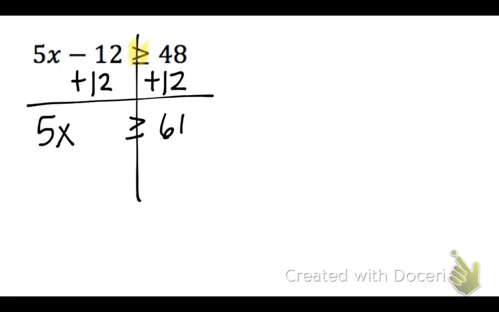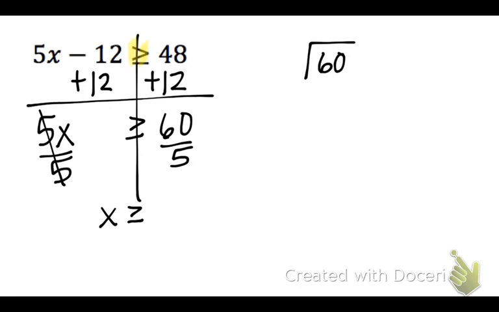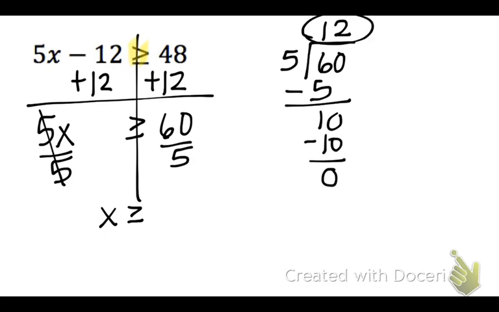And then on this side I add them. Divide by 5s. X is greater than or equal to. I'm going to review this with you just in case you don't know what 60 divided by 5 is. Maybe you do. The answer is 12. X is greater than or equal to 12.